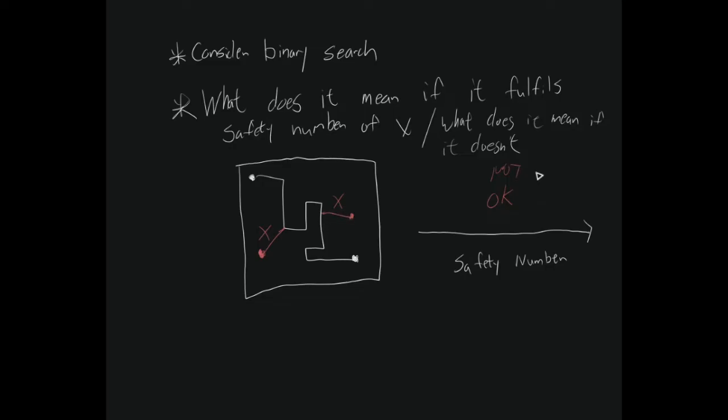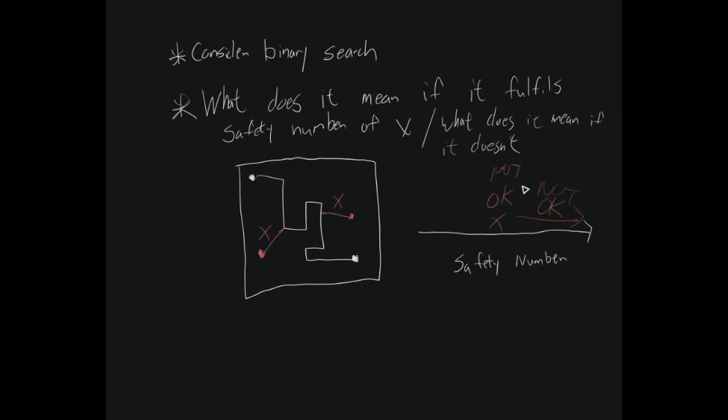So if x is already not okay, then x plus 1 means any of the thieves will have even one more step to reach me. So if this is not okay for x, then x plus 1 all the way to the high boundary will also be not okay.